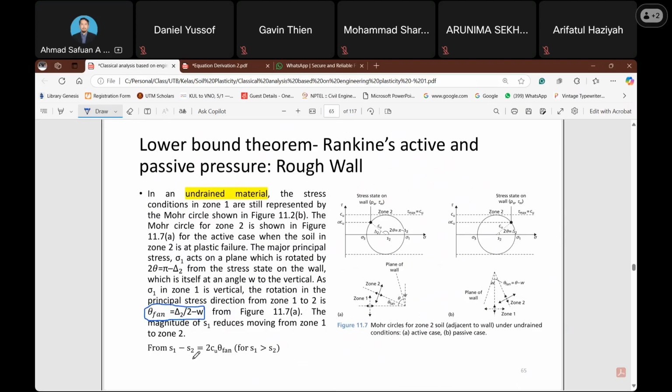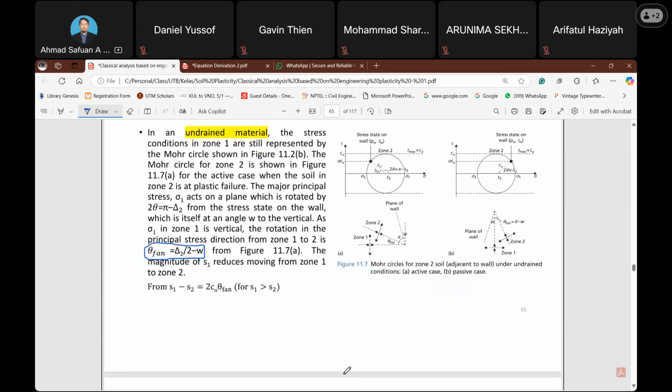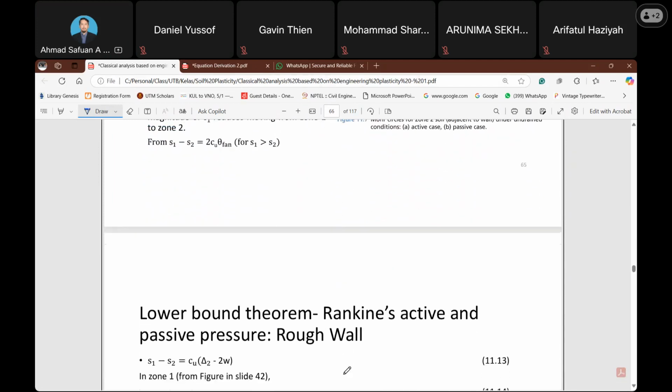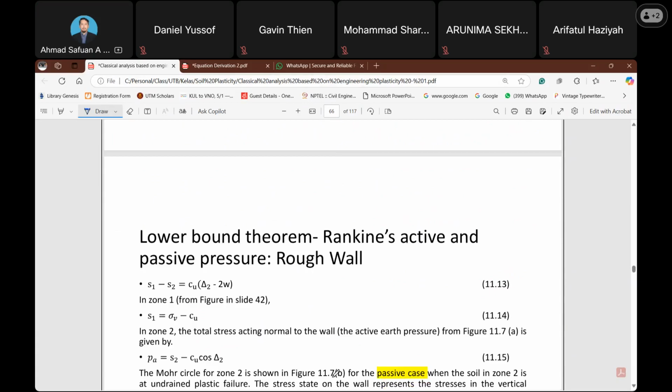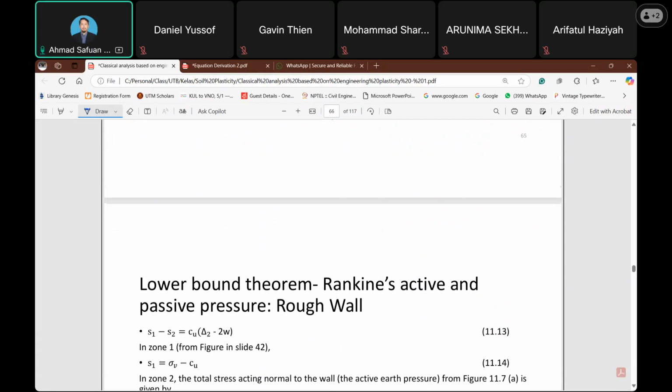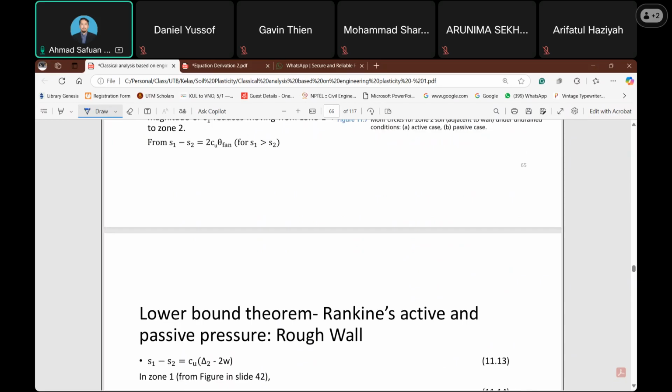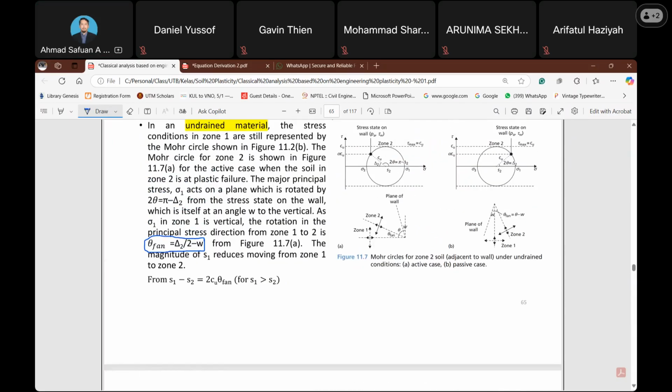So from there, S2 minus S1, we obtain 2Cu theta fan.